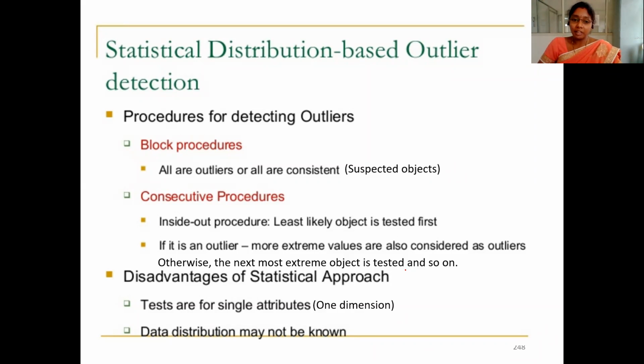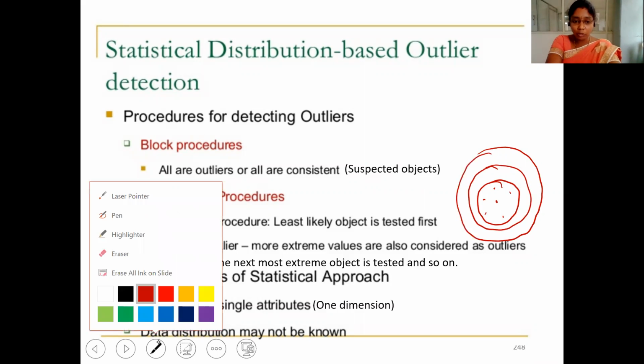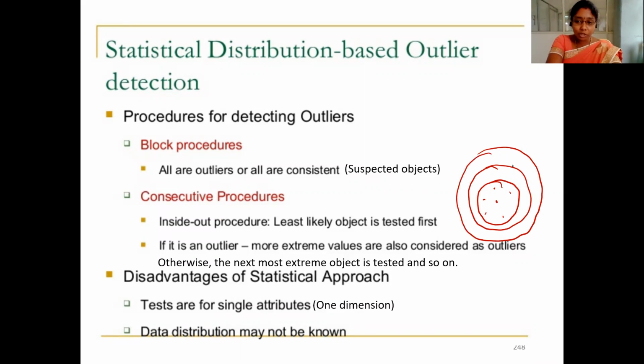What does that procedure mean? It initially identifies the least likely object, that means the least suspected object. Suppose we have a set of suspected objects. This is the neighborhood, just imagine. These are all the points we have, and here is another boundary you have drawn. This is all your imagination only. Here is an object in this boundary, here is another object in this boundary, and here is another object above the boundary.